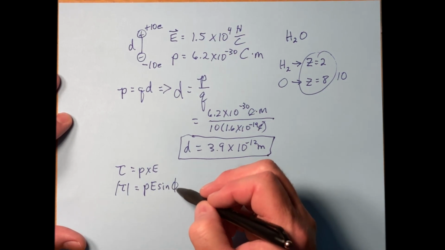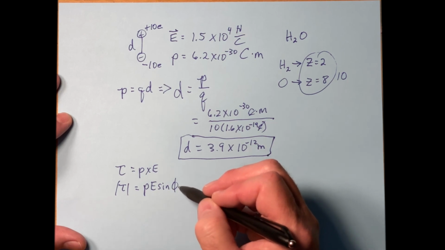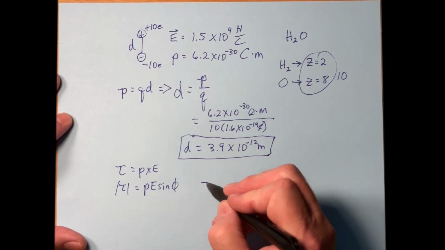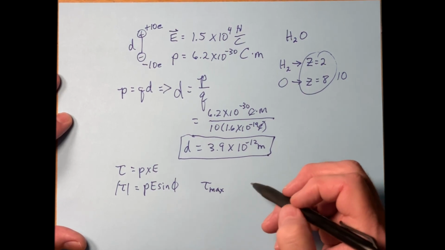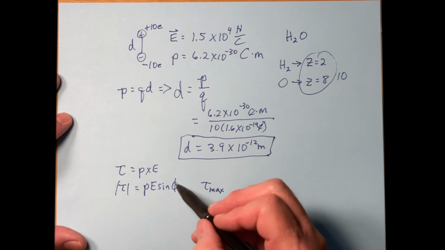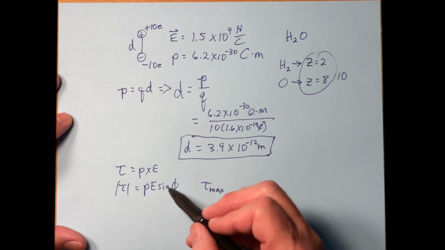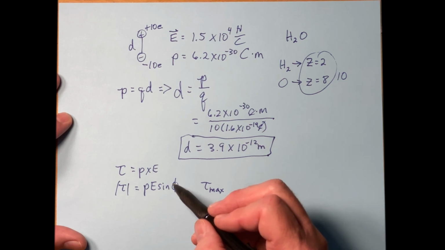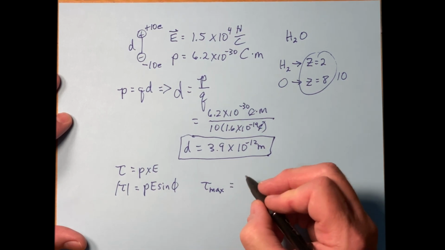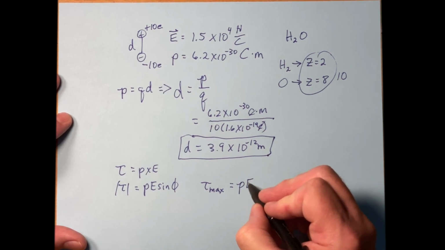But because I'm not given that information, I really don't know what phi is here. But what I can figure out is what the max torque is going to be. The max will occur whenever this angle here is 90 degrees, because at that point the sine is going to be 1. All right, so the max is just P times E.